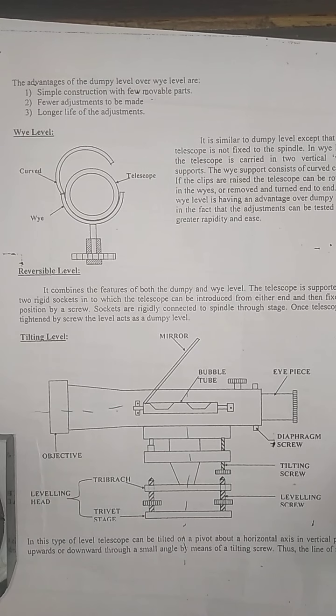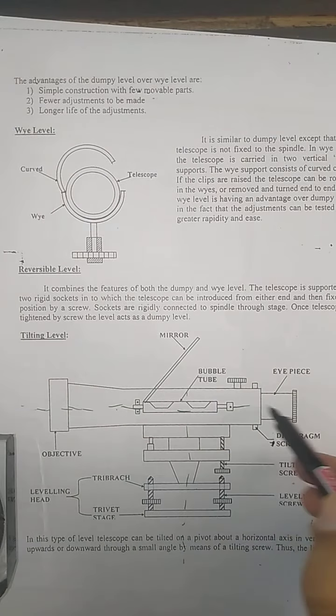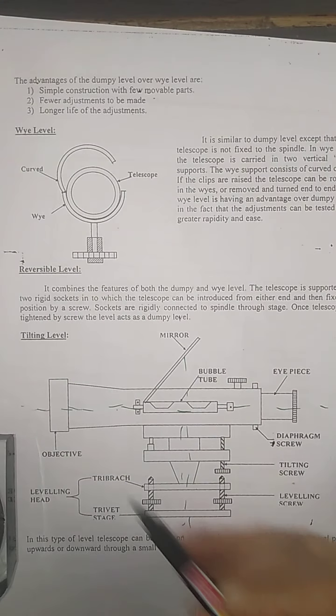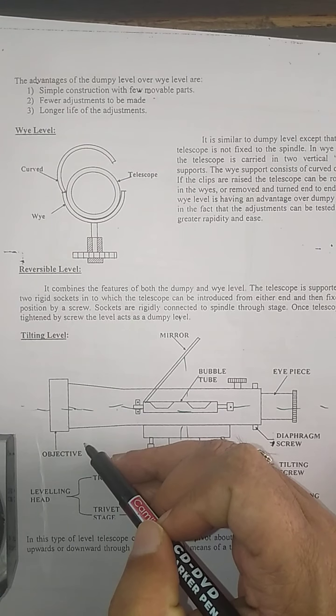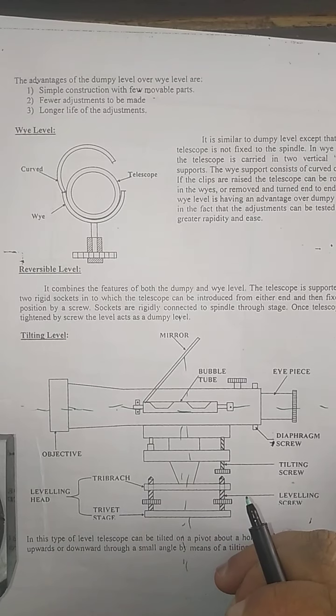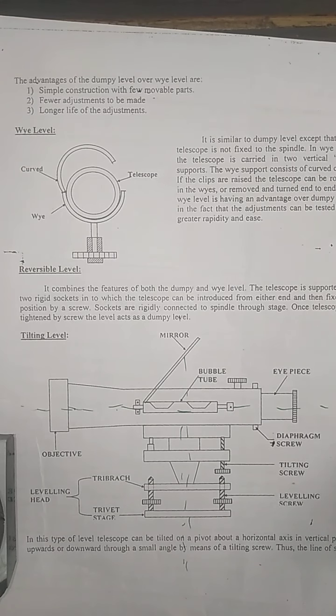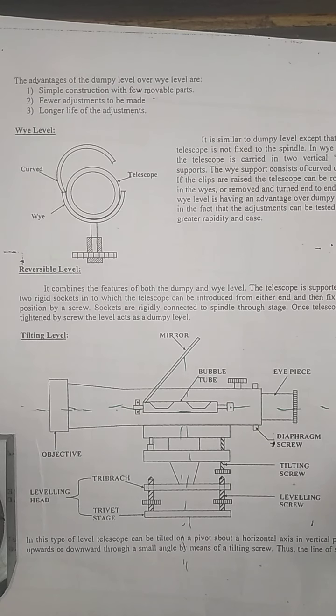In the case of the tilting level, the line of sight can be tilted slightly without tilting the vertical axis. This is the advantage we have.